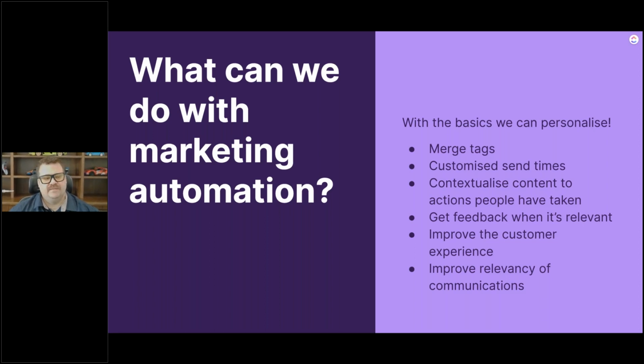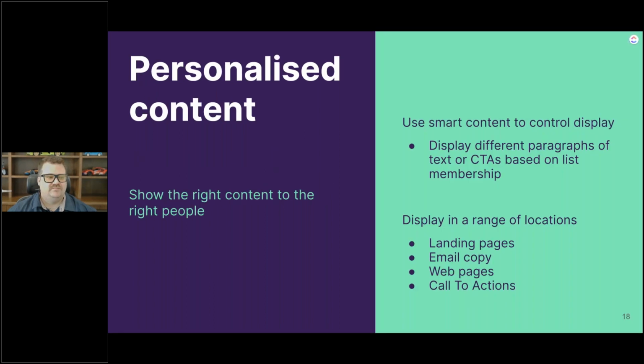So let's move into personalized content. This is about where we talk about showing the right content to the right people. We've already talked about ad audiences, and with our ad audiences, we can make sure that we're showing the right ads to the right people. But you can also do things like smart content.